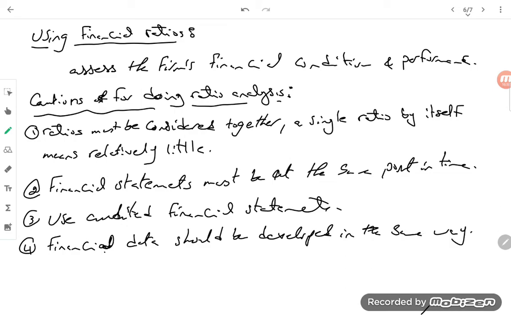So this means if you are going to calculate any ratio or any financial data and compare it between two different years, this financial data should be calculated using the same way, the same rule, the same mathematical form. Okay, so these are the 4 main steps that should be taken into consideration while we are going to use financial ratio analysis.